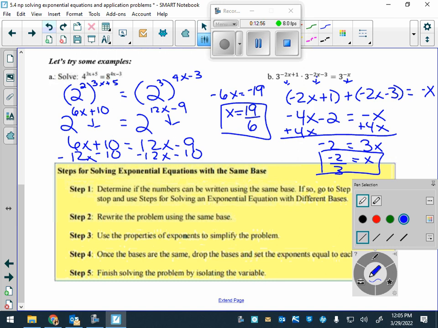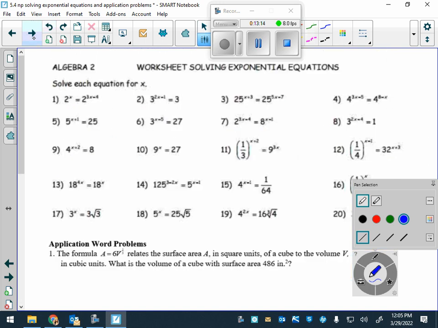So you would get 3 to the negative 4x minus 2. And then 3 to the negative x. And then you're able to drop. Okay? So we're going to look at a few different examples on the next page.